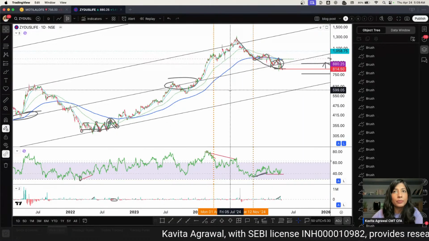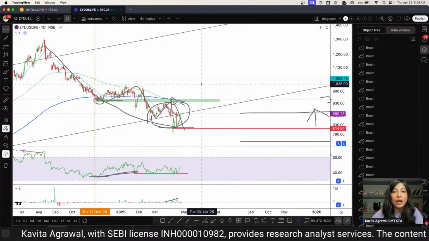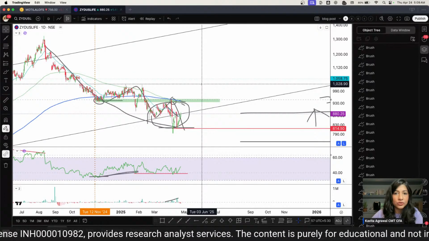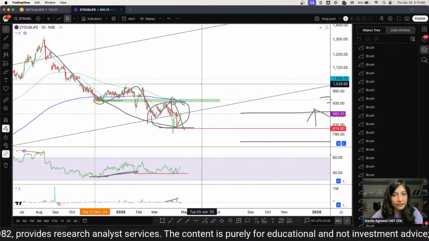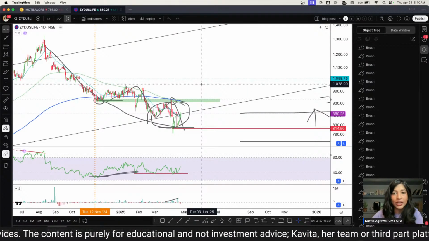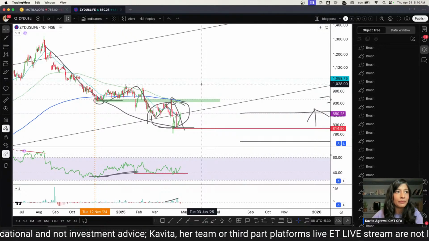So for me now, Zydus Life is going to be part of my monitoring system. I have a 5 step process. Monitoring happens to be the second step of the 5 step process, which allows me to take trades, trail, and book profits or losses, do trading basically.